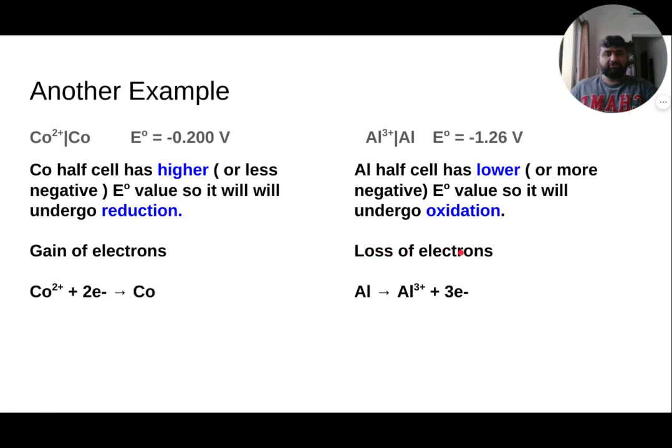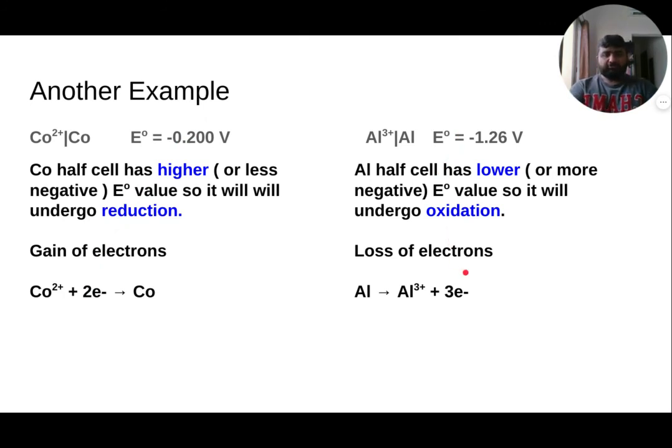Oxidation means loss of electrons. So aluminum goes to aluminum 3 plus plus 3 electrons. For oxidation, you go backward, aluminum to aluminum 3 plus. For reduction, you go forward, cobalt 2 plus to cobalt neutral. For reduction, you gain electrons. For oxidation, you lose electrons.